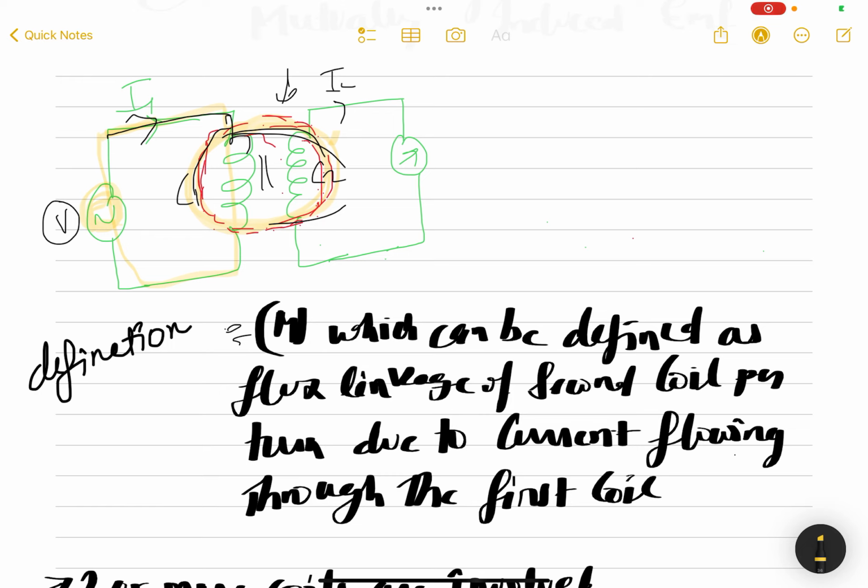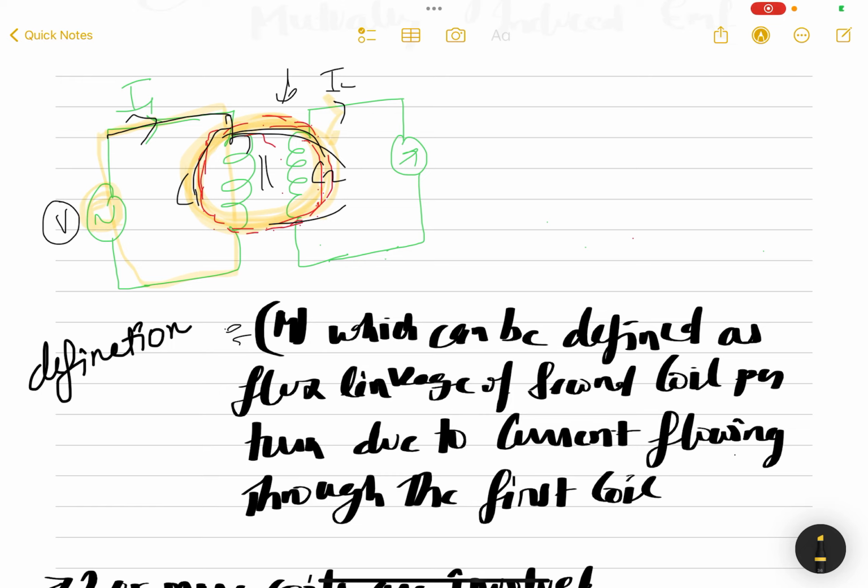Once C2 links with the magnetic field of C1, an EMF is induced across the terminal, and since this is a closed circuit, current I2 will flow, right? So the phenomenon of interlinking of the magnetic field with these two coils is usually termed as mutual inductance.